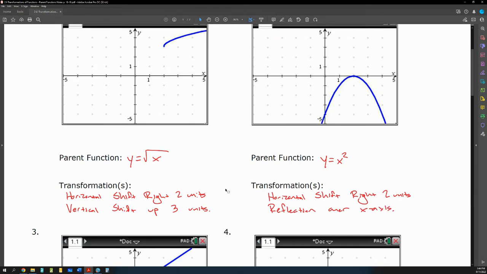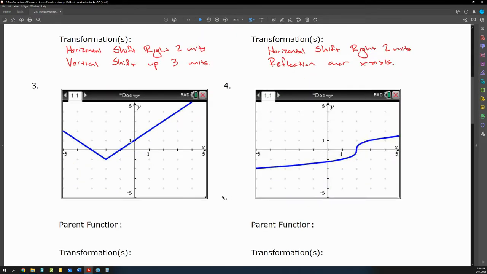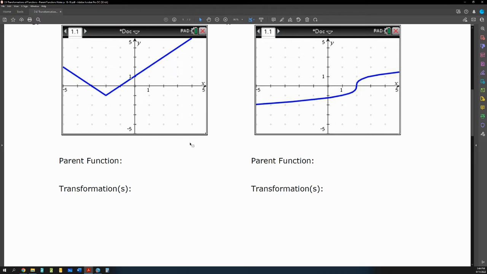Okay. Number 3, here we've got a V-shaped graph. This is the absolute value function. So the parent function is y is equal to the absolute value of x. Each line has a slope of 1 or -1, so there are no vertical or horizontal stretches or compressions.